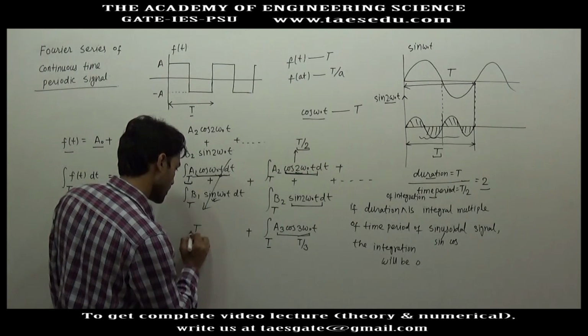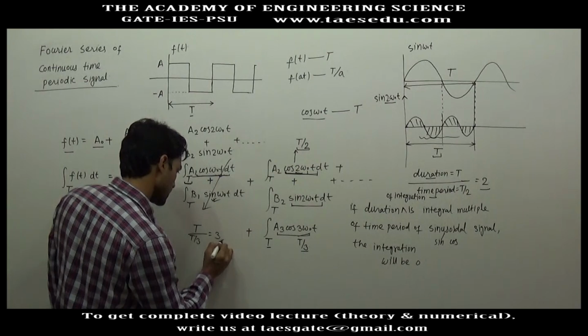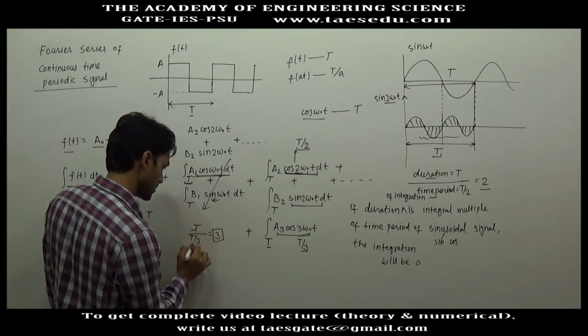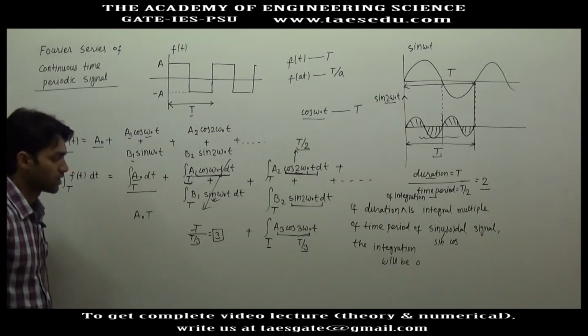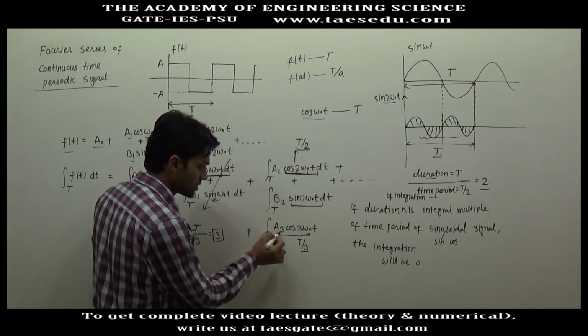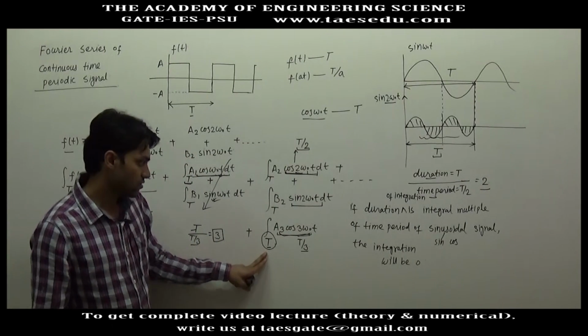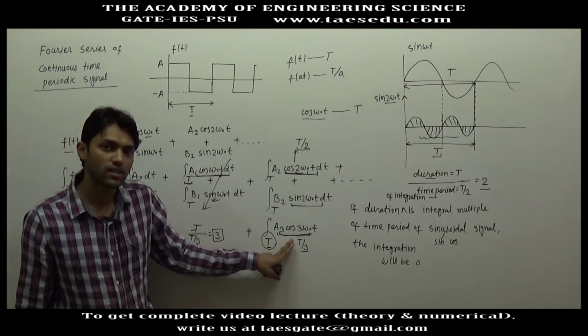Duration divided by time period is 3. So again the duration is an integral multiple of the time period. It means in a duration of T, this signal will have 3 complete cycles.